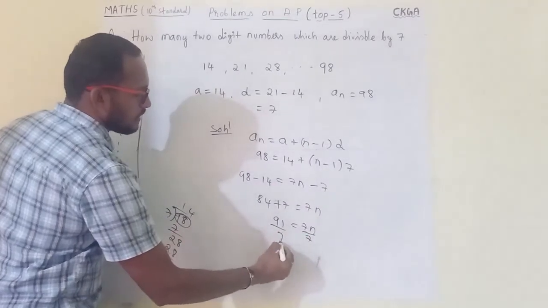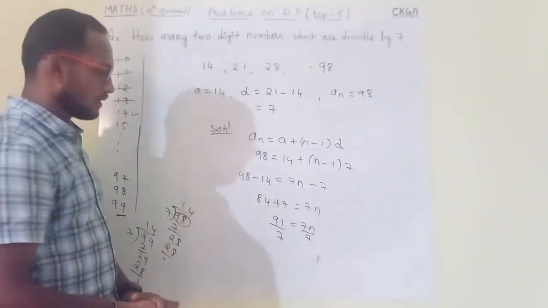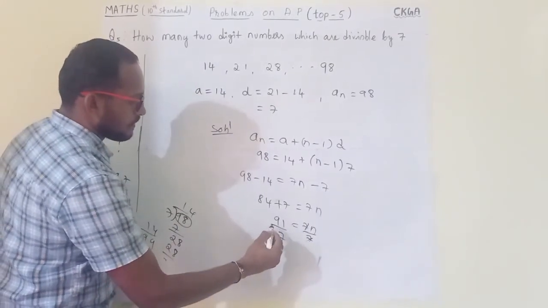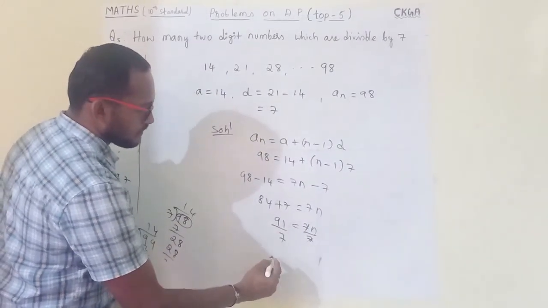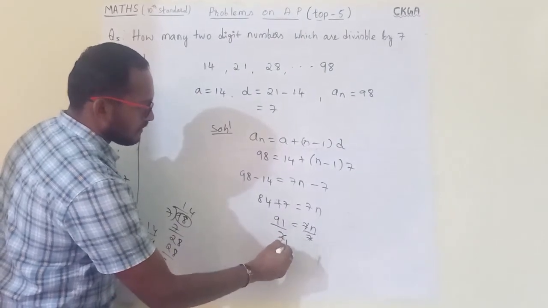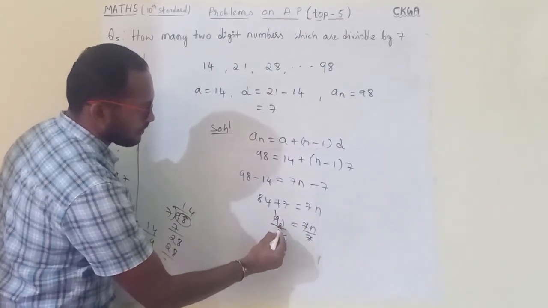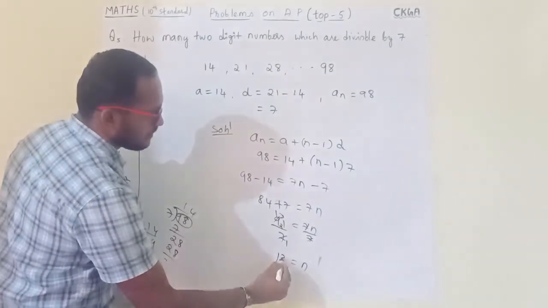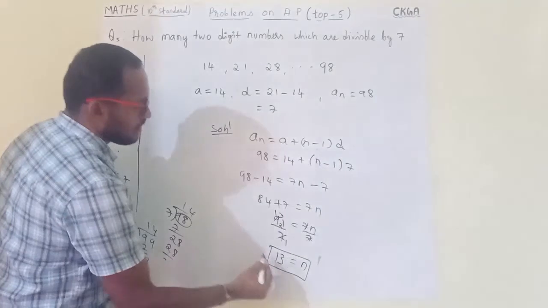Divide both sides by 7 because 7 is attached to n. 7 gets cancelled. 7 ones are 7, 2 is going to remain, so 7 threes are 21. Therefore n is equal to 13.